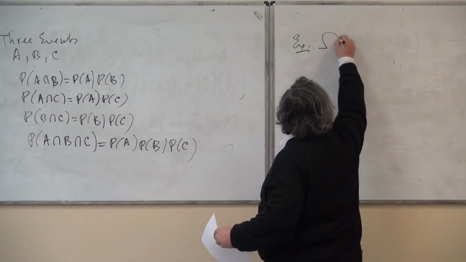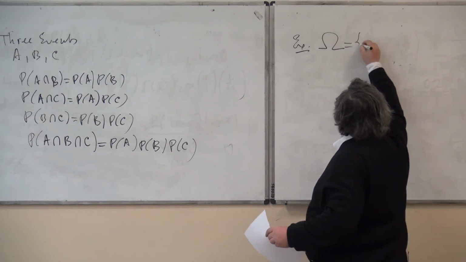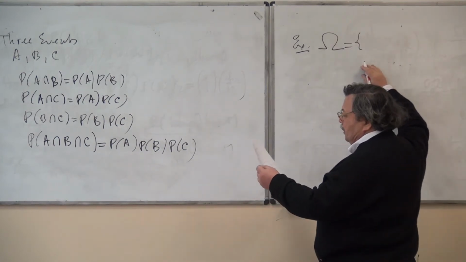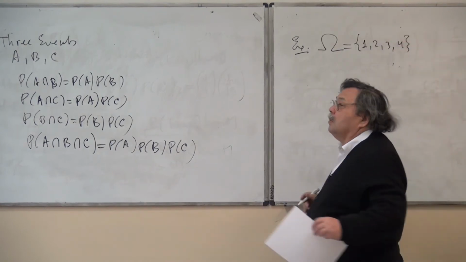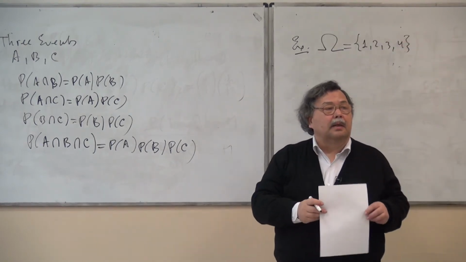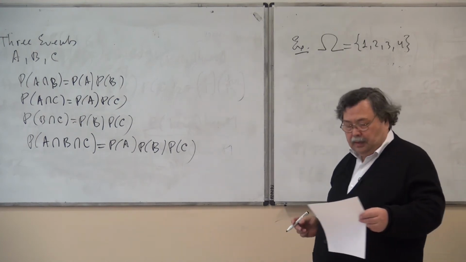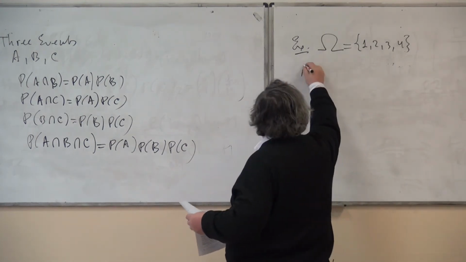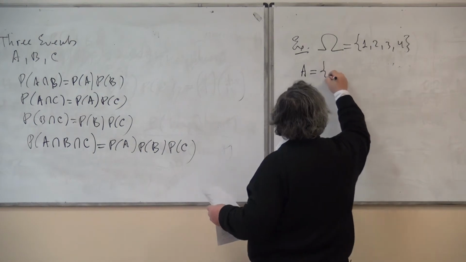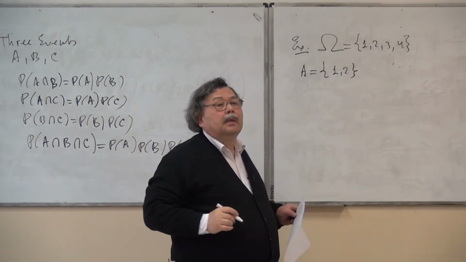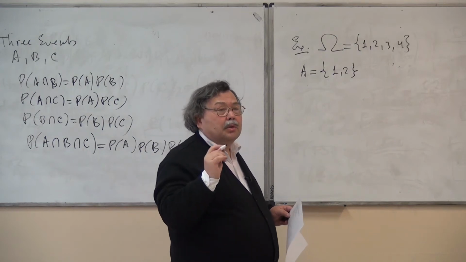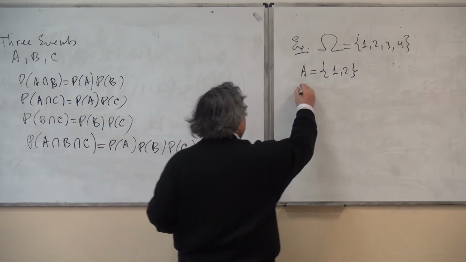Suppose we select one element at random from this sample space: 1, 2, 3, 4. So we choose one number at random out of this set. Let's define event A: the number chosen is 1 or 2.